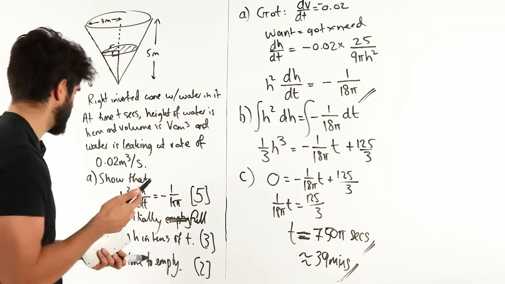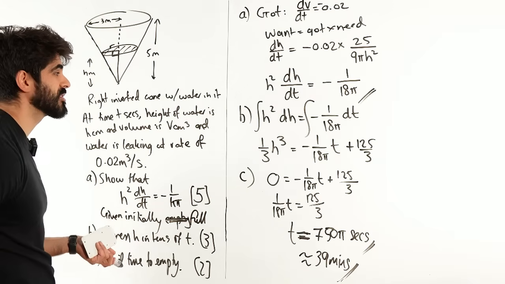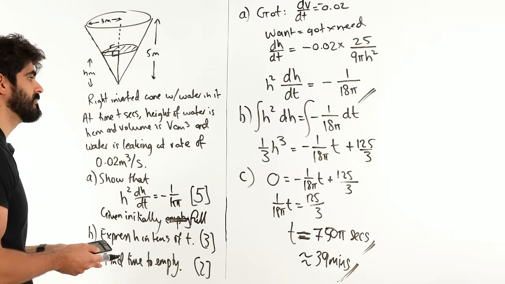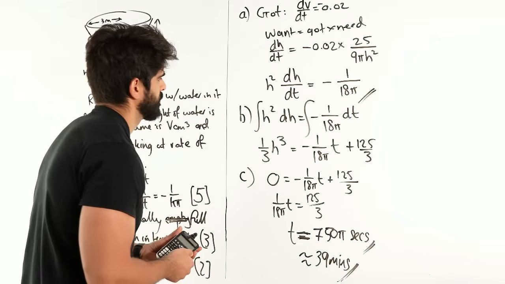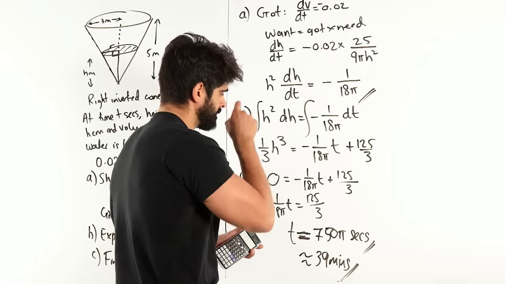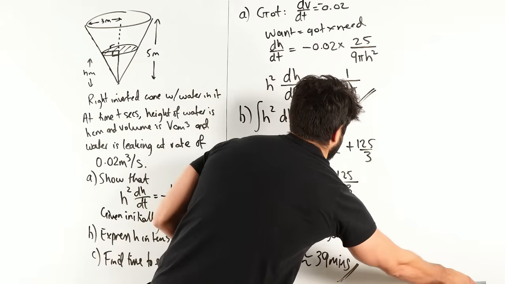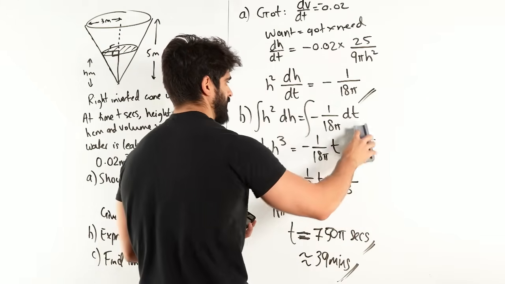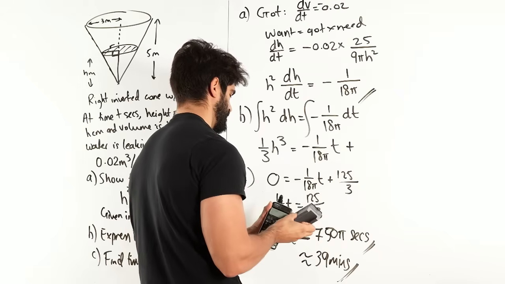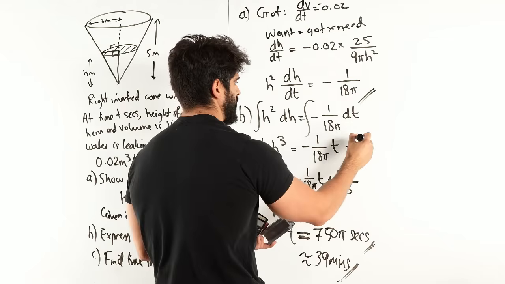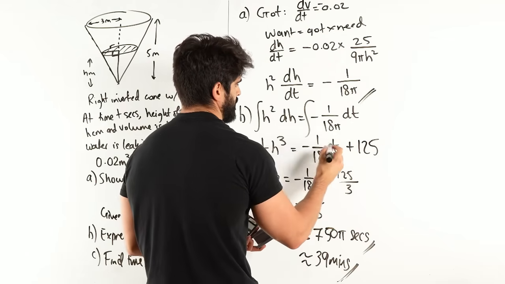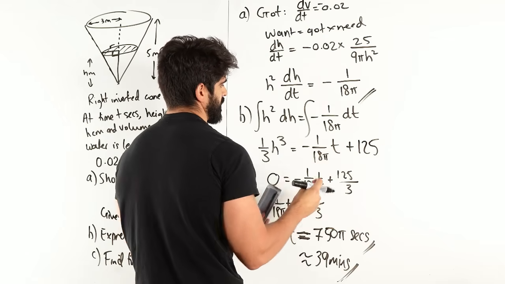But yeah, express. Oh, it said express h in terms of t, didn't it? Hey, I nearly made another mistake, which is I have to times through by 3. Neil, man, read the question, bro. So that's 125. Doesn't affect the outcome. But then when you have 3 over that, it'll become 1 over 6.